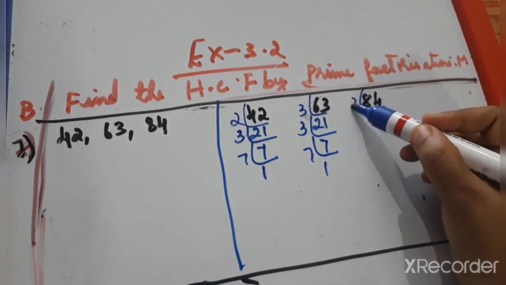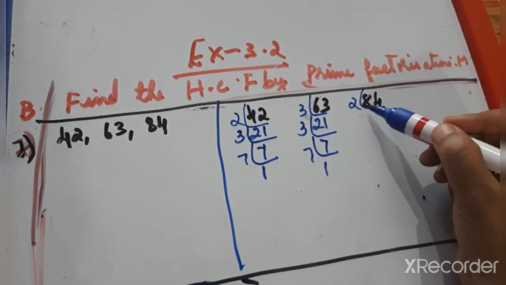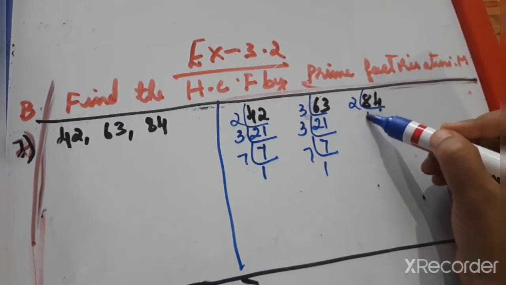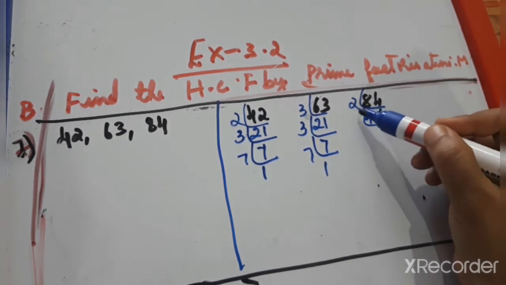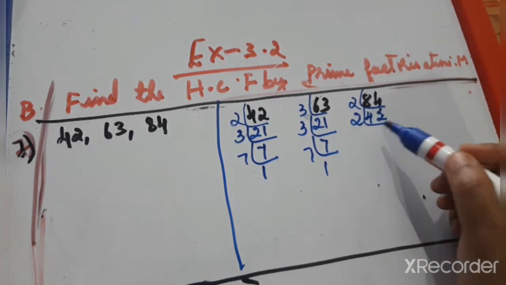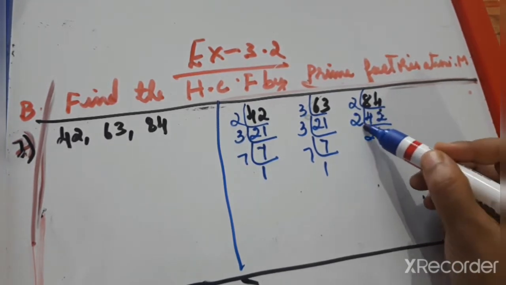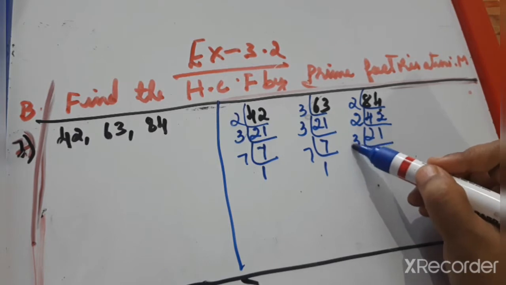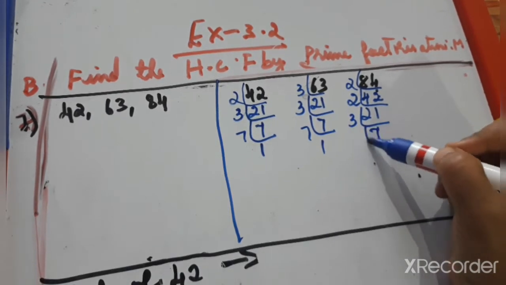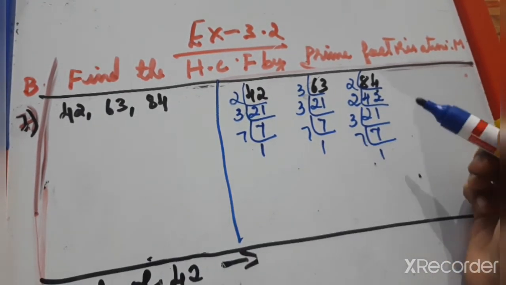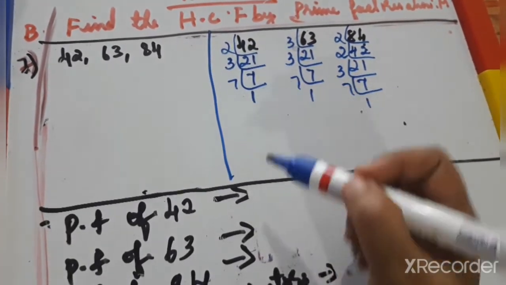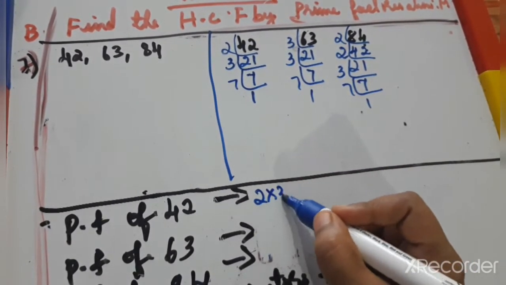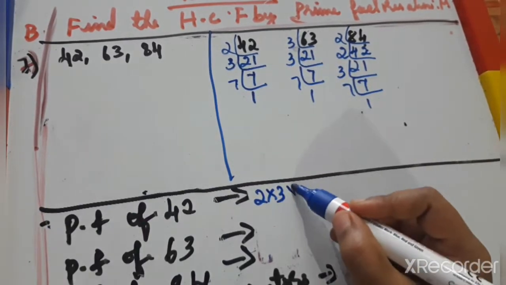84, it is divided with 2, because the last number is even. 2 fours are 8, 2 twos are 4, and the last number is even, so it will divide with 2 again. 2 twos are 4, 2 ones are 2. 21 will divide with 3: 3 sevens are 21 and 7 ones are 7. Now the prime factor of 42 is 2 into 3 into 7.